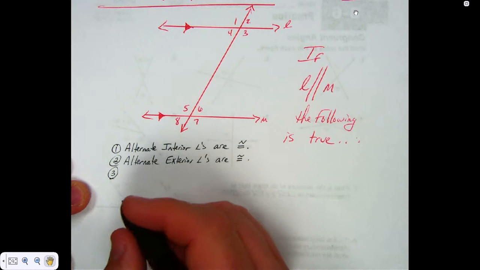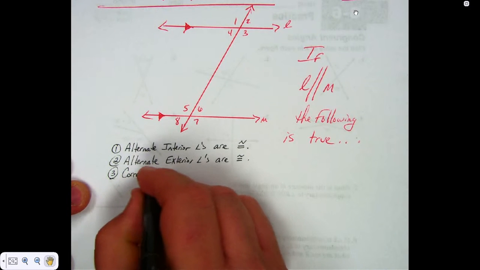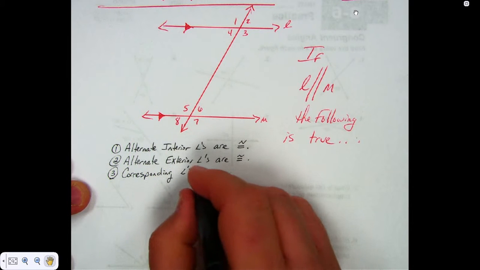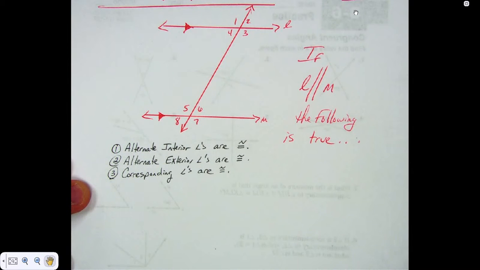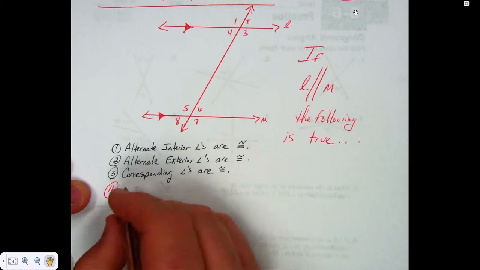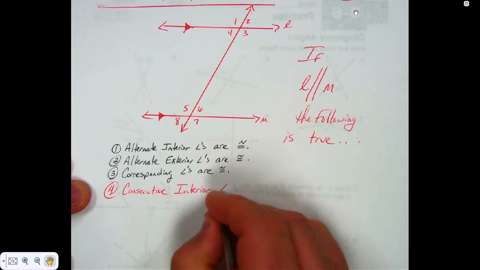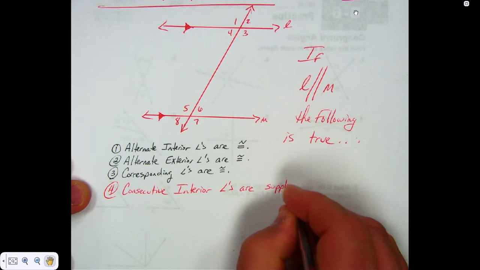Three, corresponding angles are congruent. Four, consecutive interior angles are supplementary.